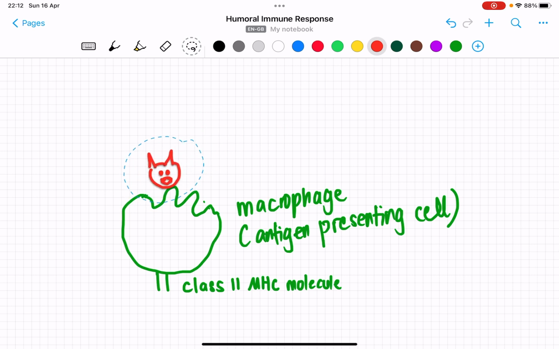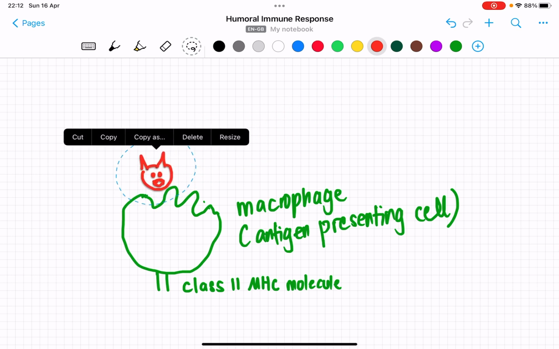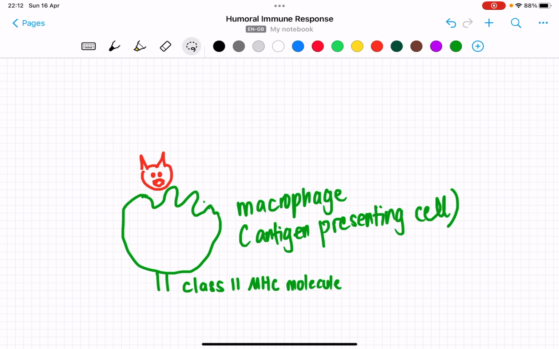Once it encounters the macrophage, the macrophage will engulf the pathogen. Basically, engulf means it's going to eat the pathogen.